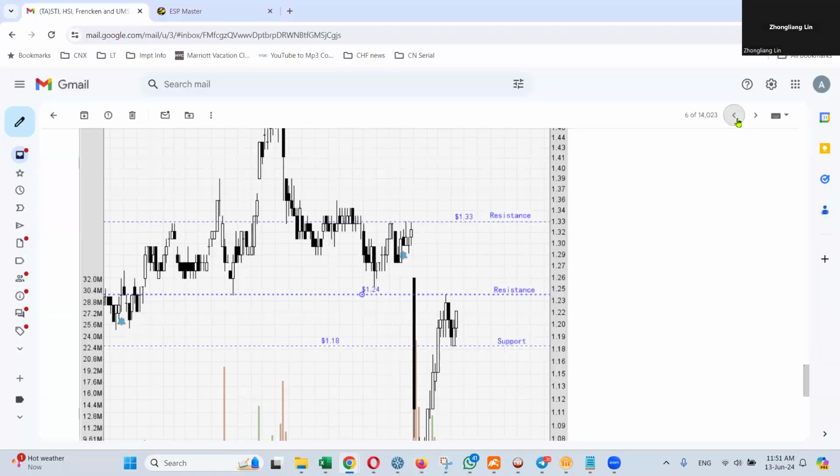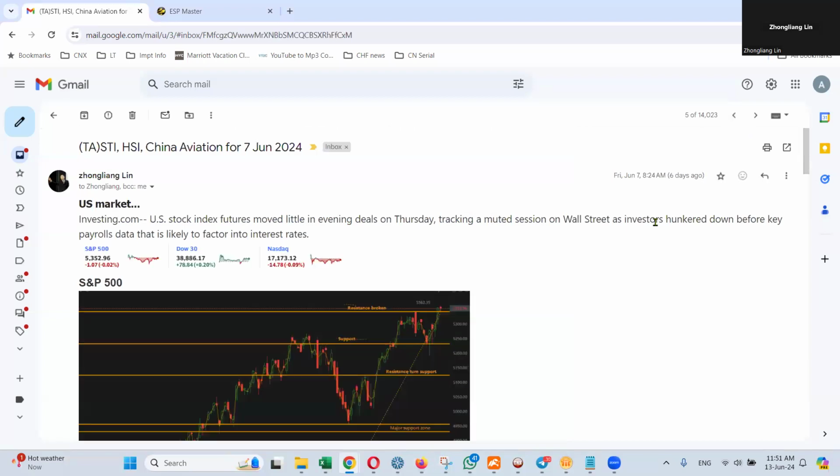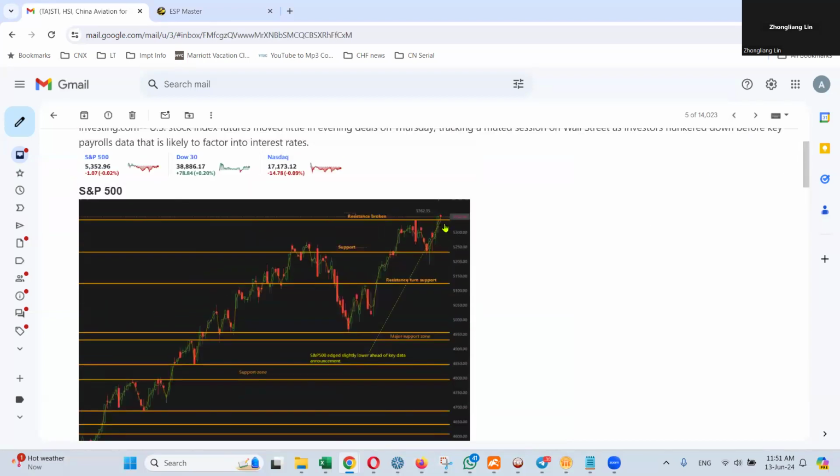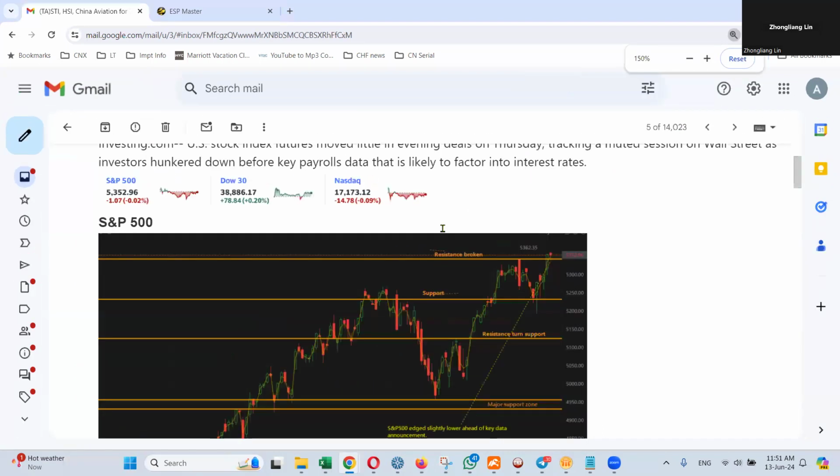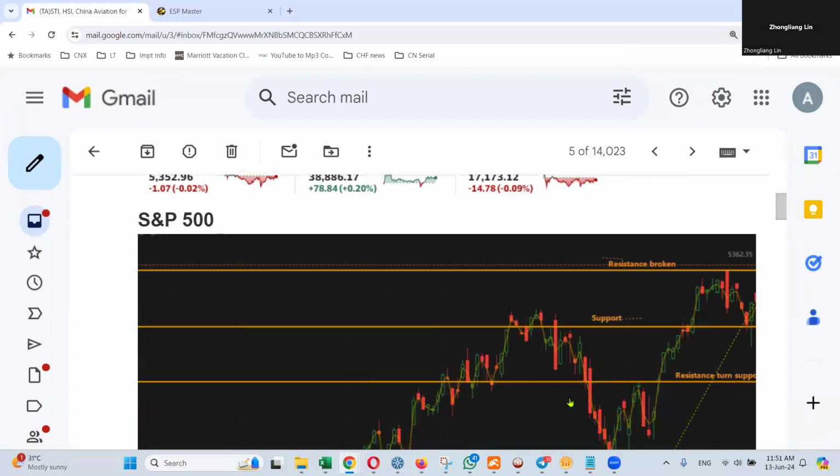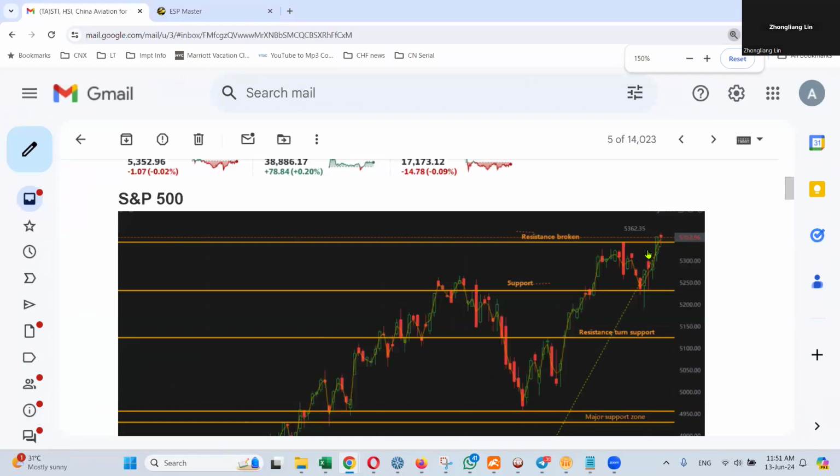Next, S&P 500 again. You can see there's a struggle over there after breaking up. Very consistent. This is a very standard procedure for a breakout. After a breakout, it tends to go back.